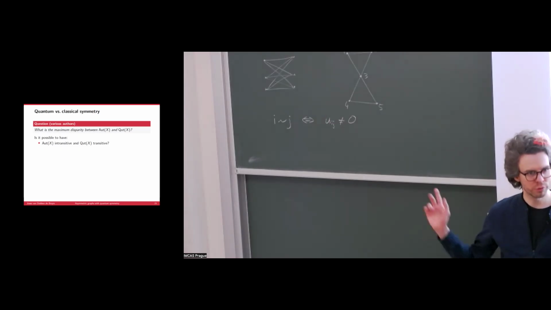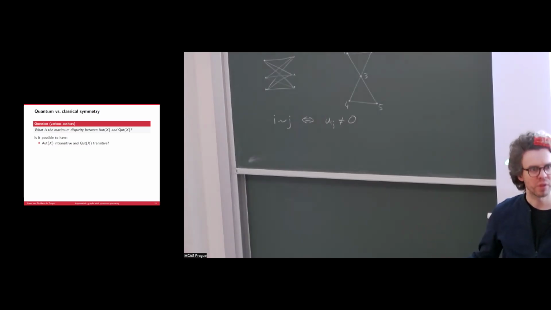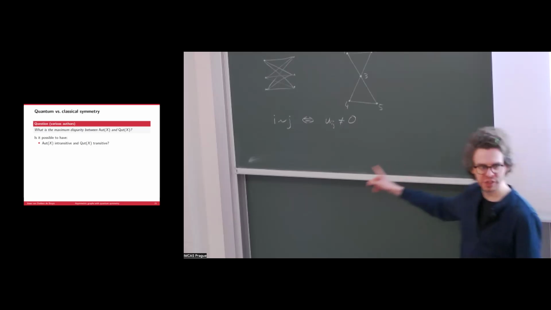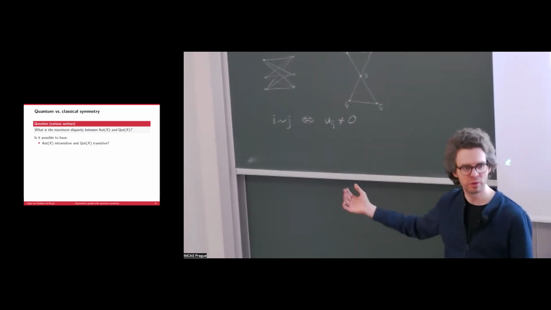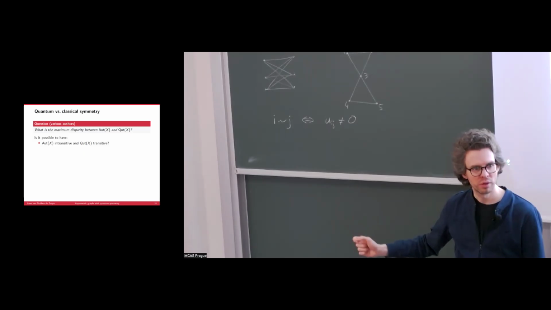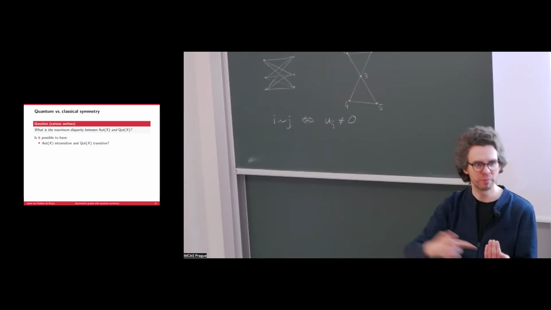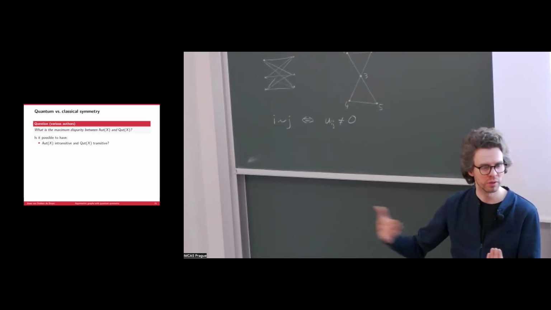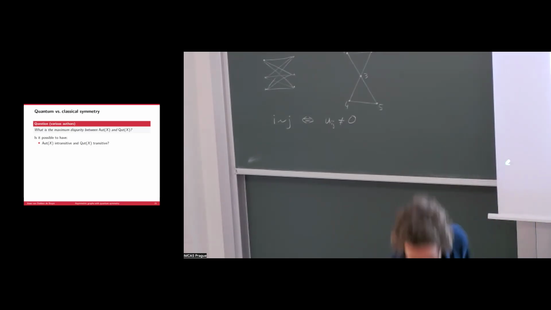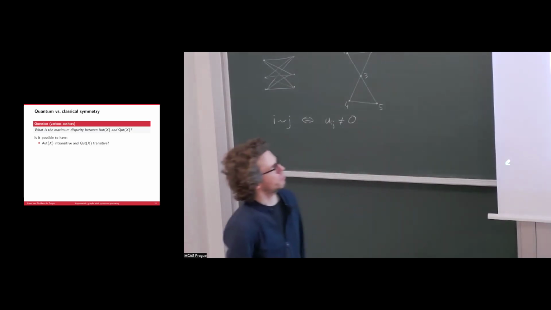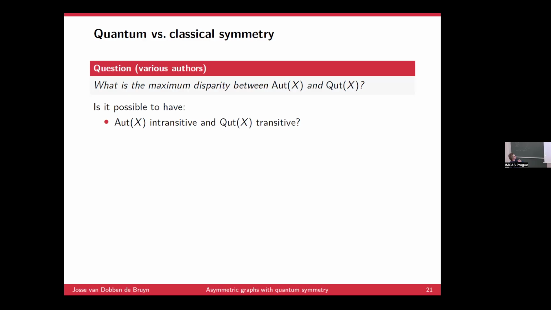So you look in the universal C-star algebra. So this is the uij in the universal C-star algebra, so in the quantum automorphism group. And that's the universal one. And then every quantum permutation matrix is a homomorphic image of that universal one. Okay, so the question was, is it possible to have an intransitive automorphism group with a transitive quantum automorphism group?